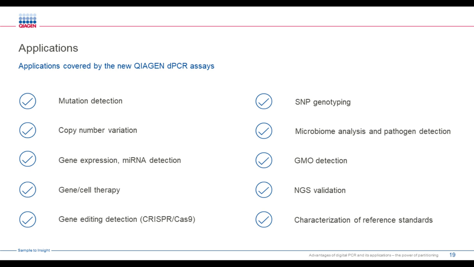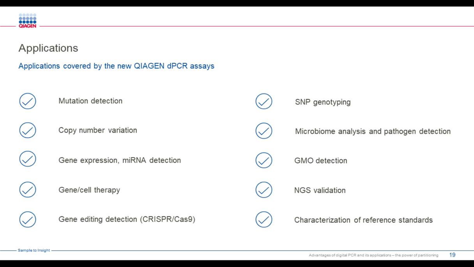Then, of course, as you have seen with the partitioning possibilities and the amount of load, a lot of DNA, you can go to this low limit of detection. Of course, mutation detection is one of the things that are highest on the chart. Copy number variation is also one of them.